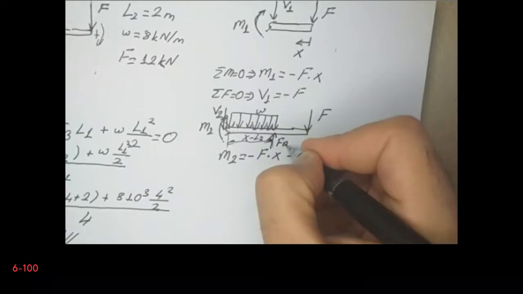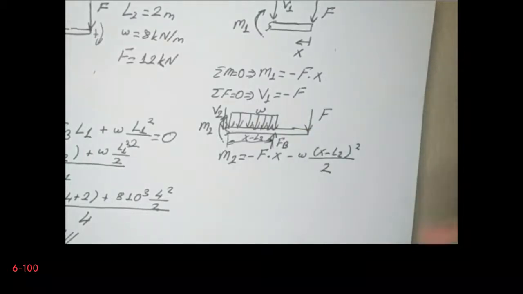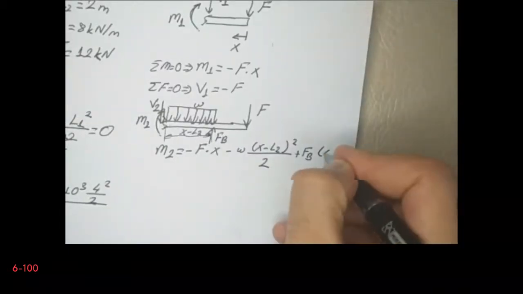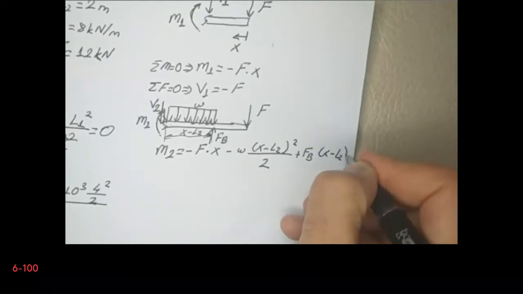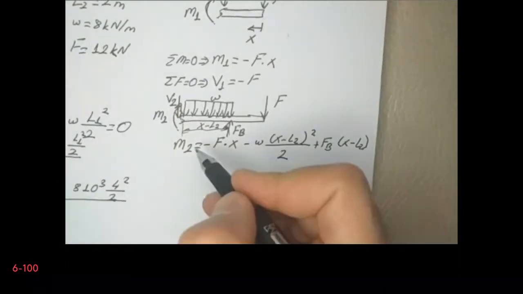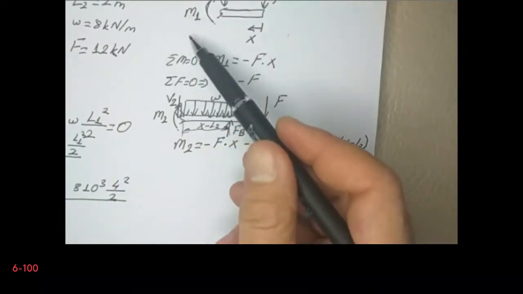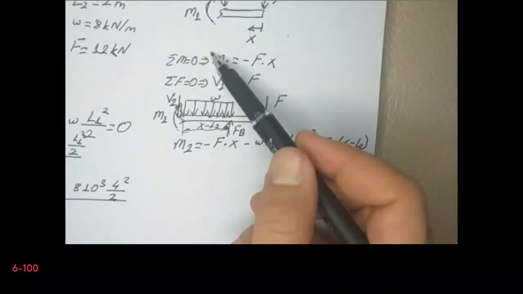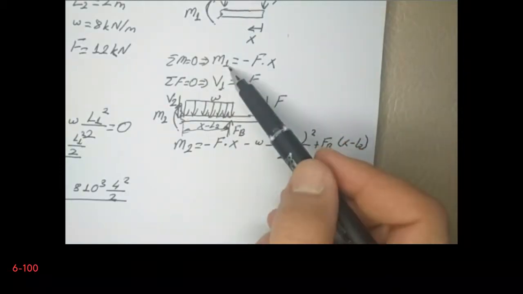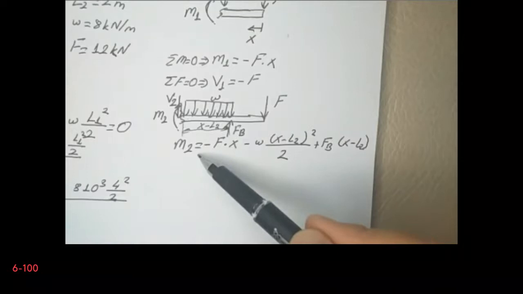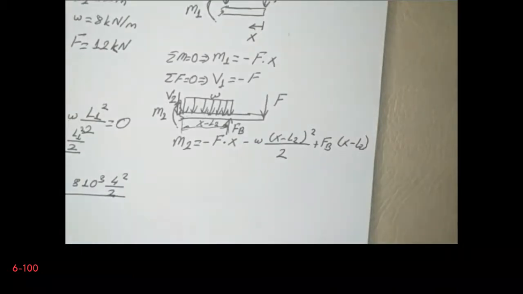That's okay. So I have the contribution of FB as well. So FB will generate a positive moment. So FB multiplied by X minus L2. So I find the moment distribution as a function of the coordinate. So here first M1, so it is minus Fx, and then it is M2. So let's draw the moment distribution, the graph.